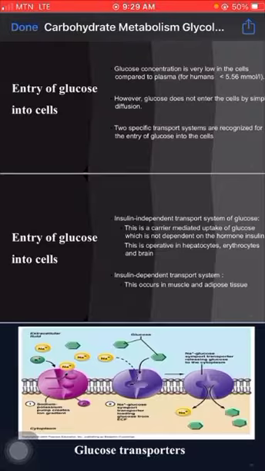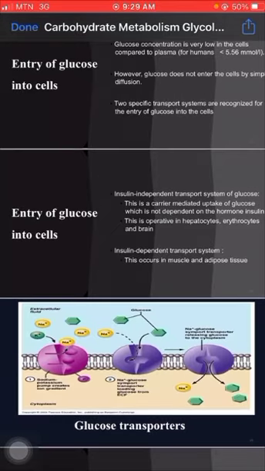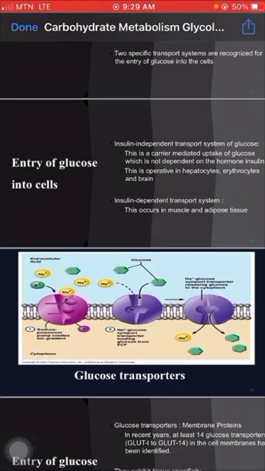And the glucose transporters that are insulin dependent are mostly found in our muscles and in our adipose tissue. Please take note of this.